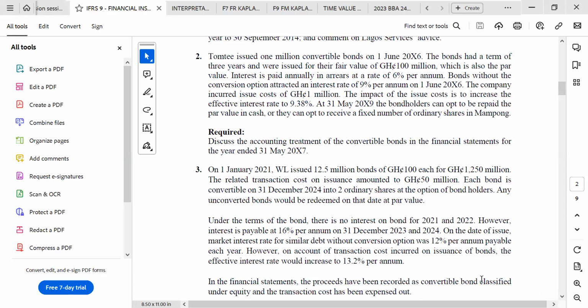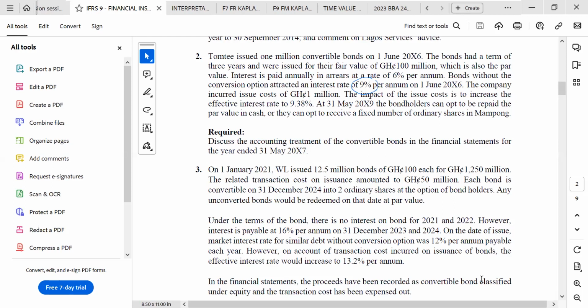The 9.38? No, please. There's issuing cost. The 9.38 will be used on only the debt after we have separated the debts. Oh, okay. Then it's 9%.